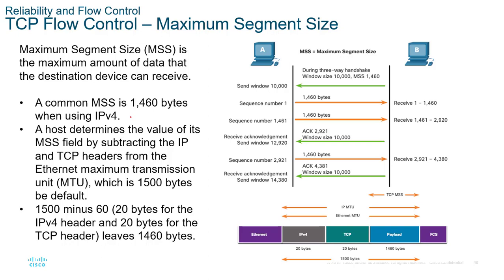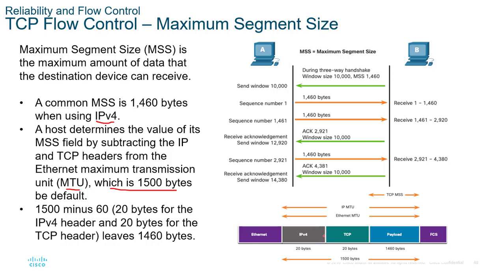But if we look at an example of an Ethernet LAN network utilizing Internet Protocol version 4, we base our calculations on the maximum Ethernet frame size, which is 1500 bytes by default. That's the MTU for Ethernet, maximum transmission unit.